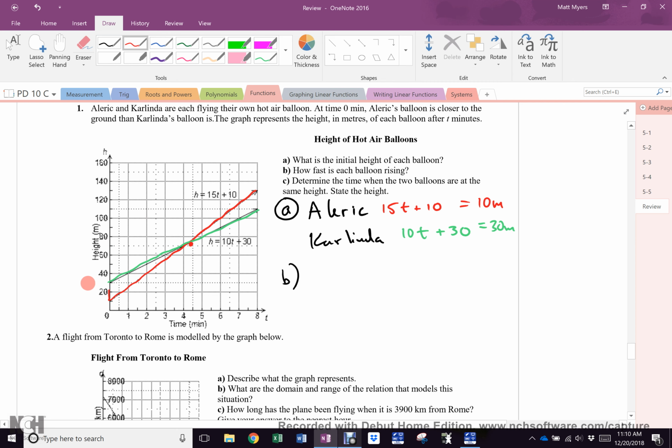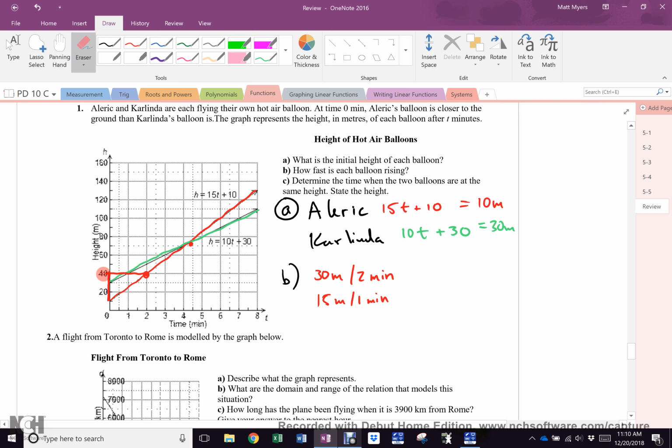Sorry, Alaric right here is going up 10, 20, 30 in 2 minutes. 30 meters in 2 minutes. Well, you could either go to hours or you could go to minutes. I would go to minutes, so that would be 15 meters per 1 minute.